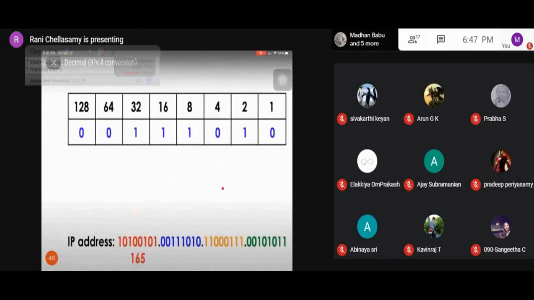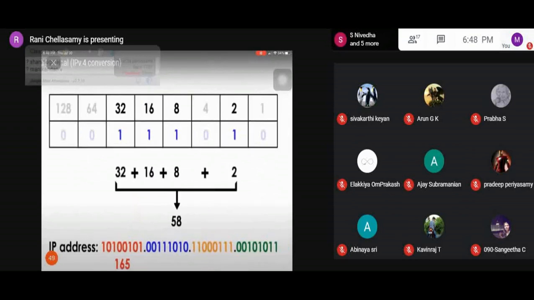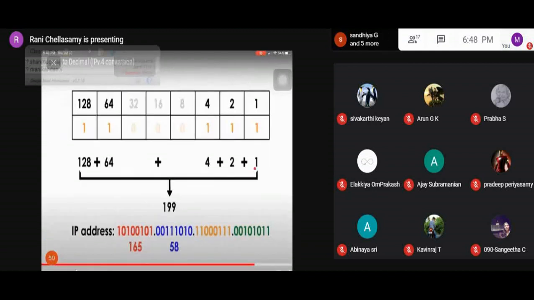Write it according to the numbers in the chart, ignore the zeros, consider only the ones, and you get the value 58. For the third octet, ignoring the zeros and calculating the values for the ones, you get 199, and the last one is 43.